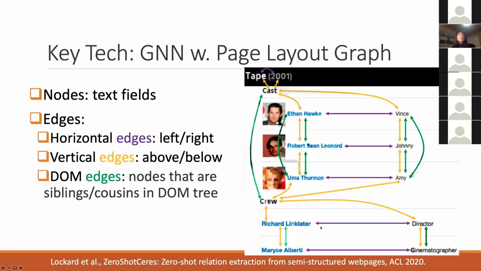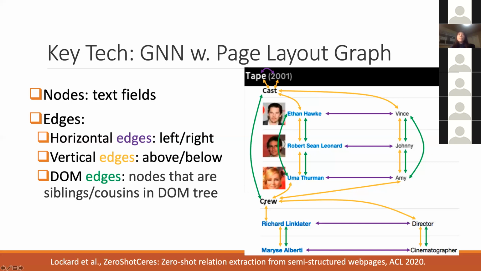So the idea is this. As I said, we will apply GNN. This is a graph neural net, and so we need a graph. And the graph is generated according to the page layout. Each node is a text field, such as Ethan Hawke's, and each edge represents the relationships. It could be horizontal edges, representing the left and the right relationship. It could be vertical edges representing the up and down relationship.